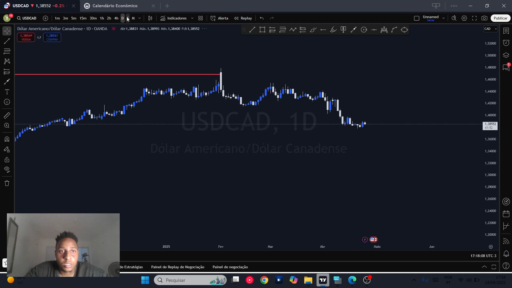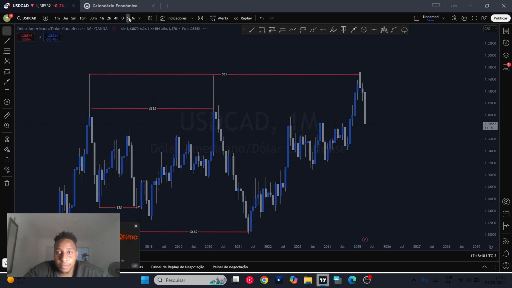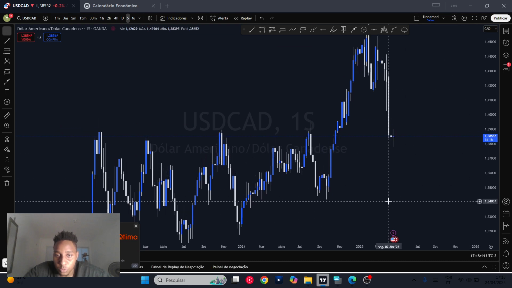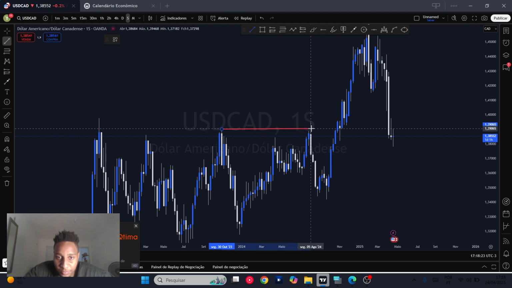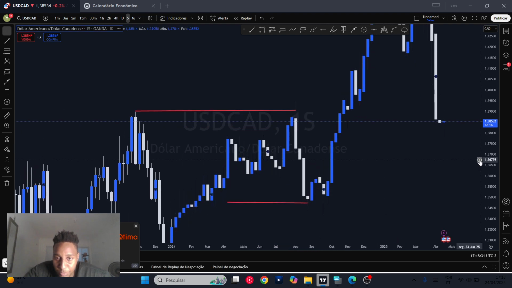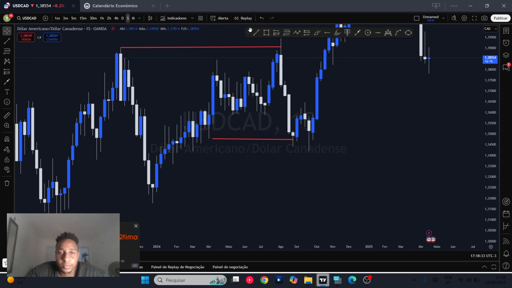So let's go to the weekly time frame just for us to try to spot these liquidity moves. We can see some liquidity moves around, first of all, this high right here. See this low right here, this previous week low right here.